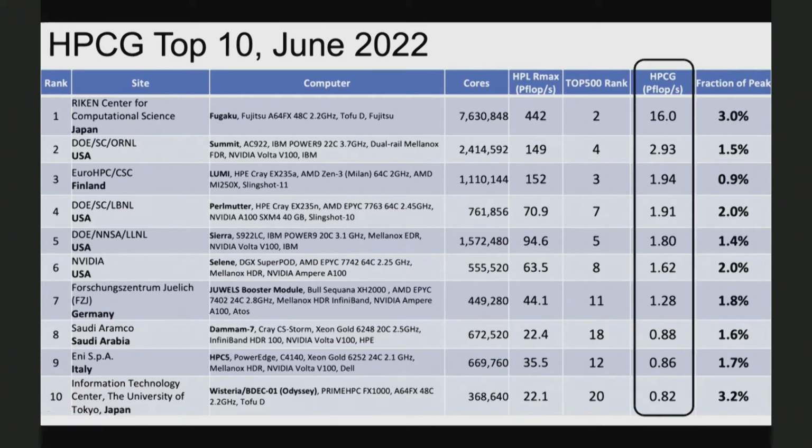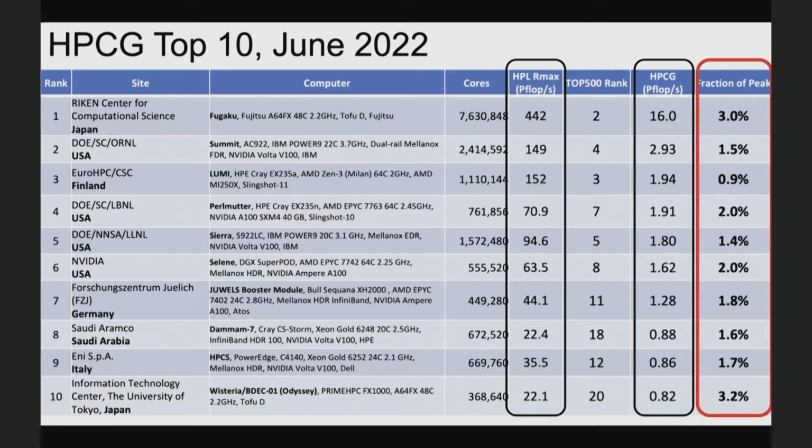Here you could see 16 petaflops is the performance that they achieved for this benchmark for solving a large sparse matrix problem. By comparison, the HPL or the LINPACK number is given in that column. So you could see the difference between the LINPACK number and a more realistic problem.